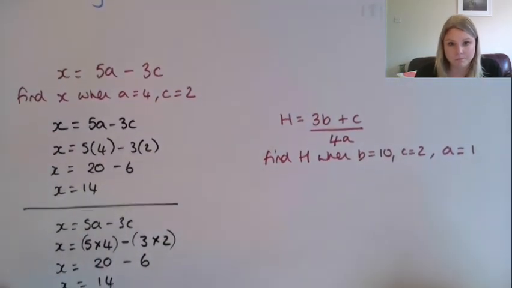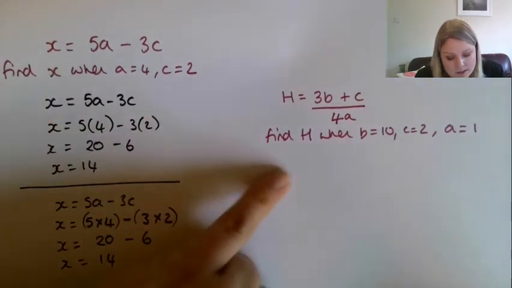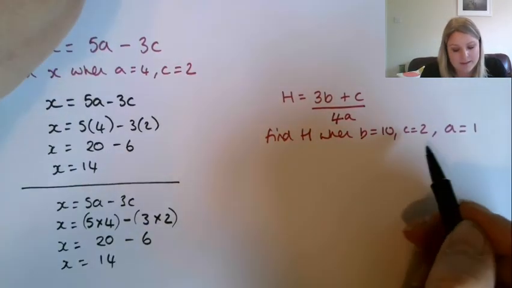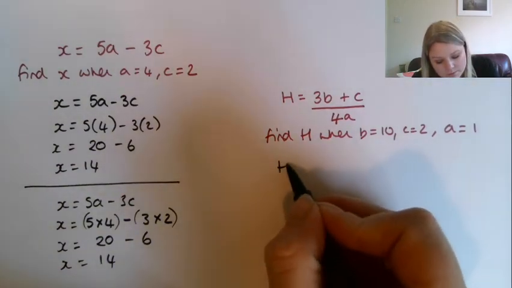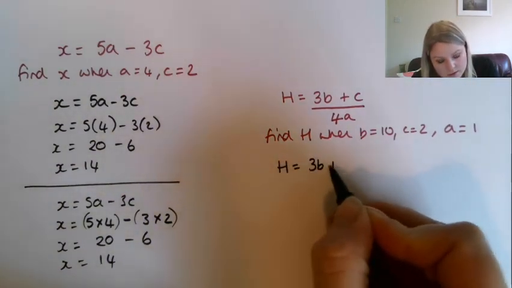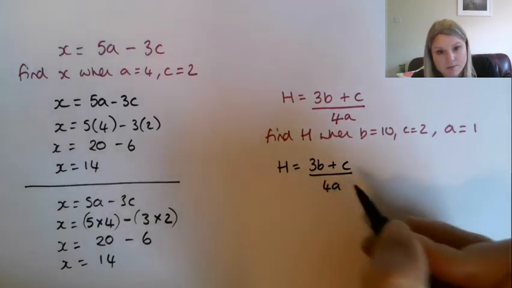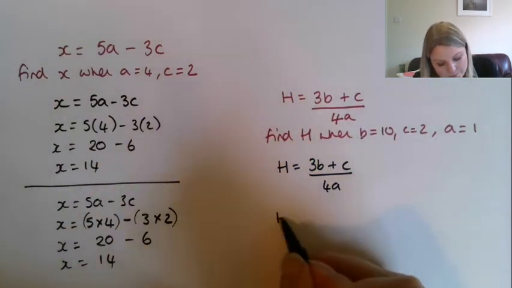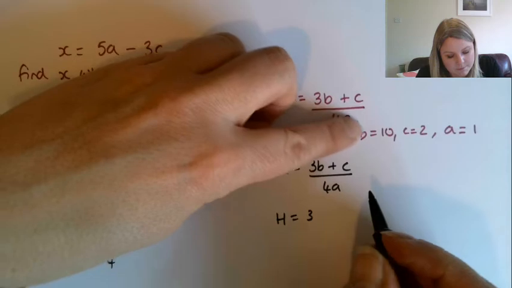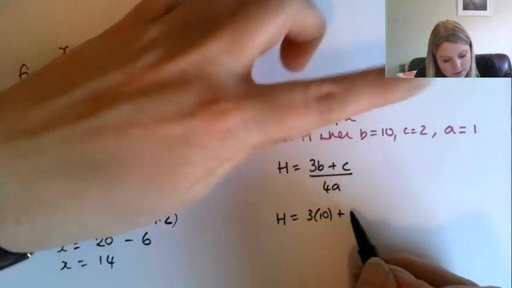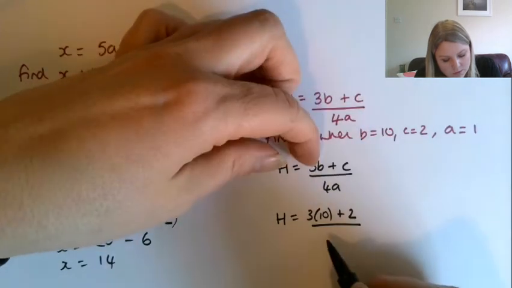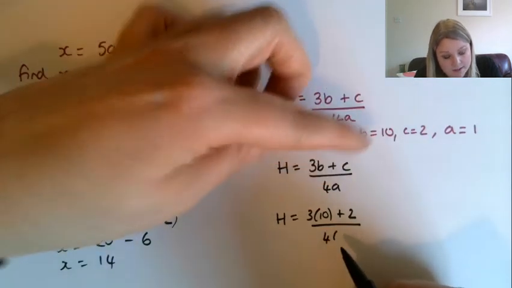This other one then. So find h when b is 10, c is 2 and a is 1. So rewrite the equation, and then fill in the values that you know. So 3b is 10, so that means 3 multiplied by 10, plus c, which is 2, all over 4 multiplied by a, and a is 1.